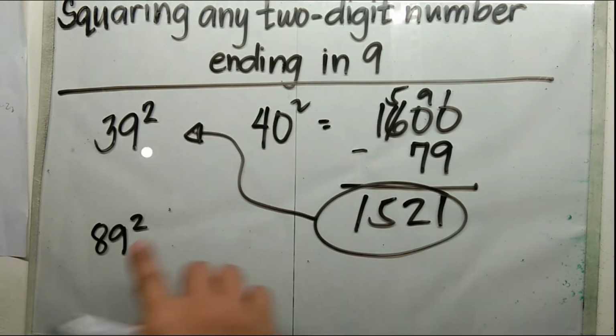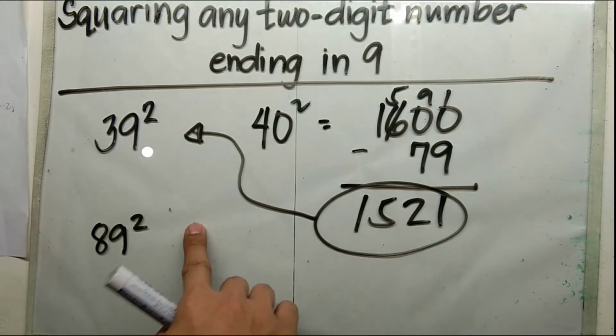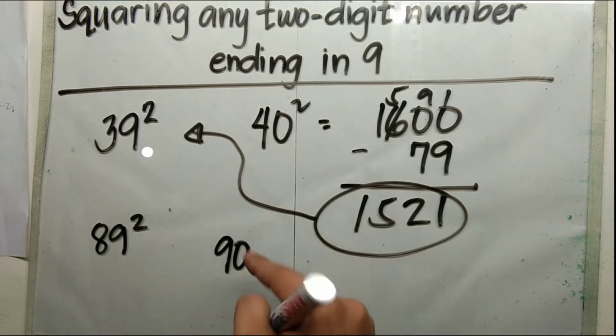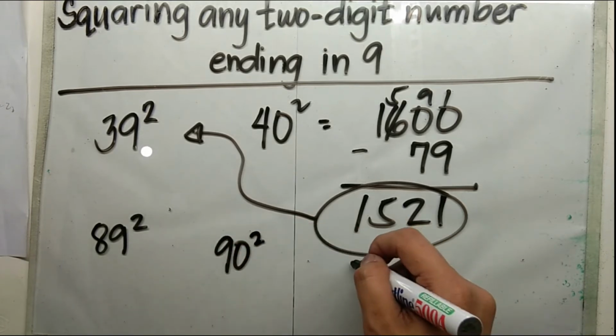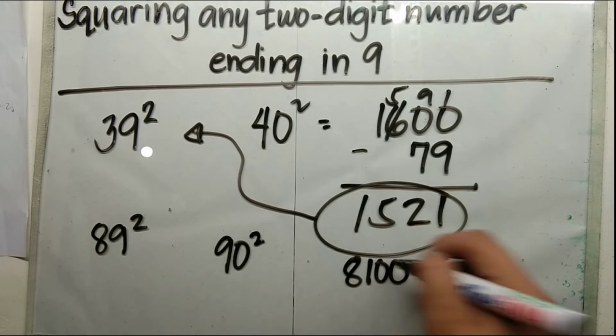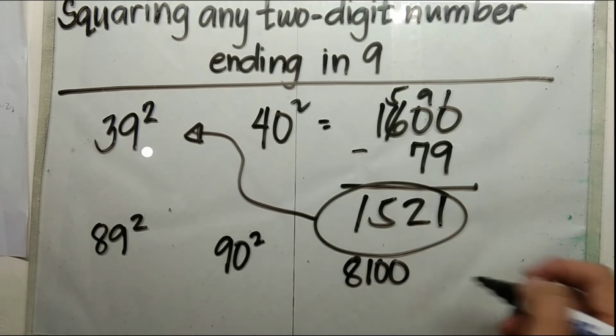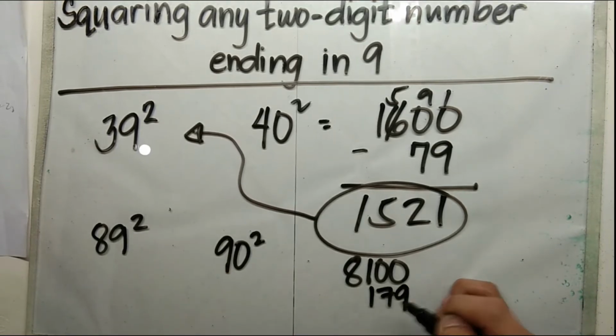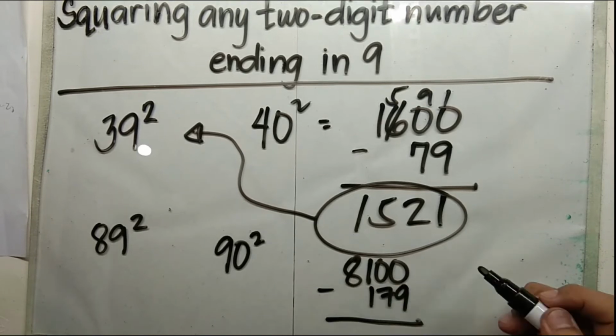Now try this. 89 squared. The next number after 89 is 90. Get the square of 90. That's 8,100. Add up 89 and 90. That gives you a sum of 179. Find the difference.